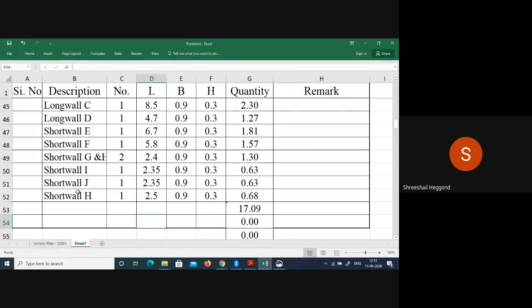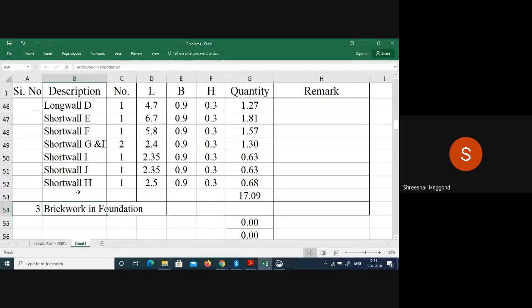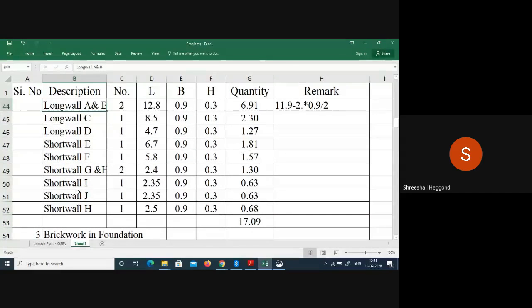Next, the third component you can calculate. Third one is brickwork in foundation. Again, same all long walls and short walls.